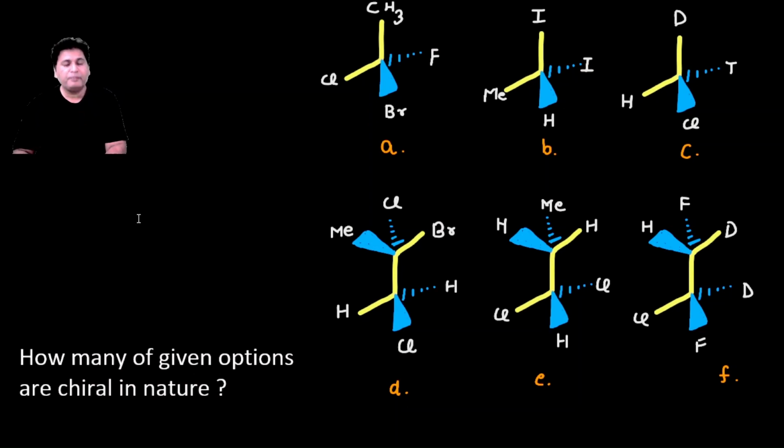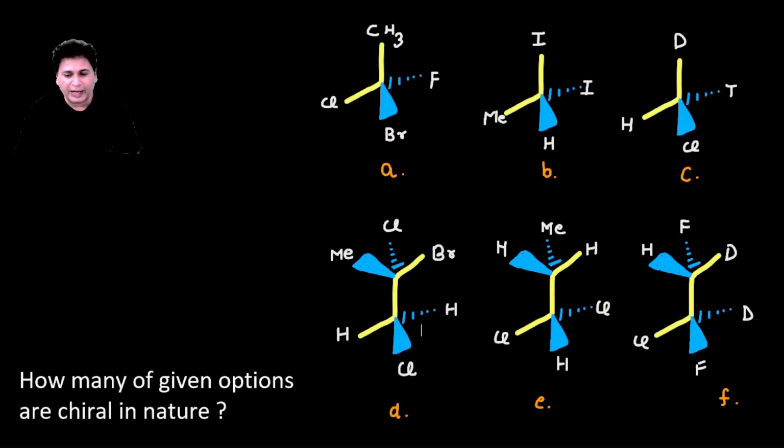Now, in the previous video, I have already told you the meaning of a chiral carbon or a chiral center. Saying a chiral carbon or a chiral center is different from saying a chiral compound. I will give you a few examples before I start predicting the chiral compound behavior.